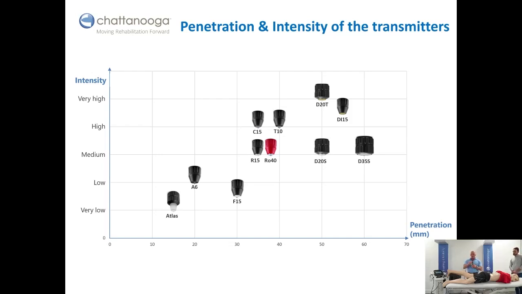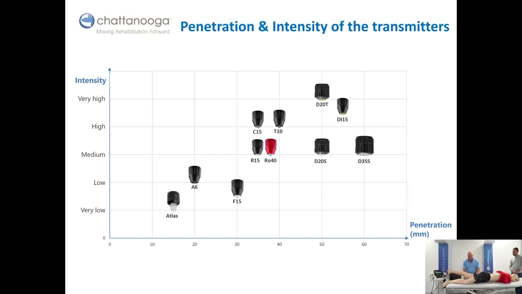If I unscrew this one and shake it, you'll see that it vibrates as well. So not only do I get shockwave, but I get a deep vibratory massage. This is very good for treating myalgia, myofascial trigger points and tight muscle profiles.